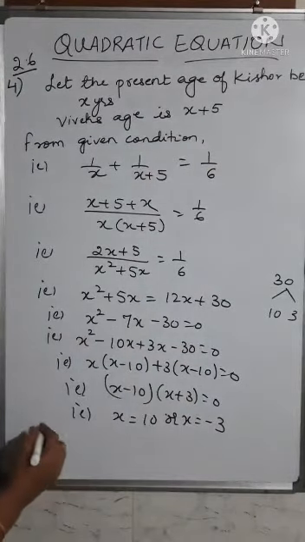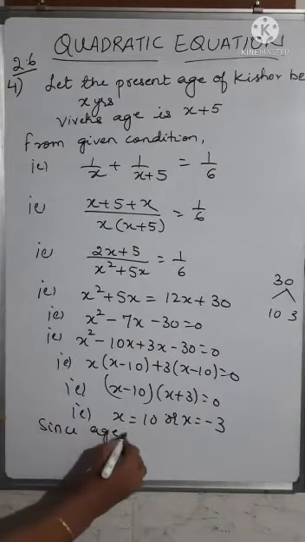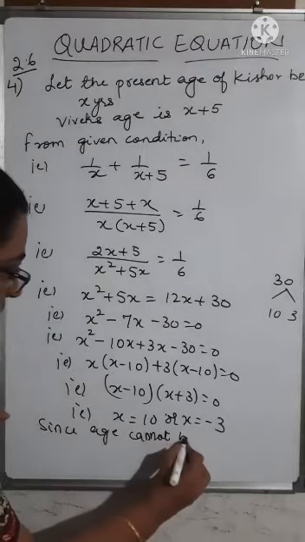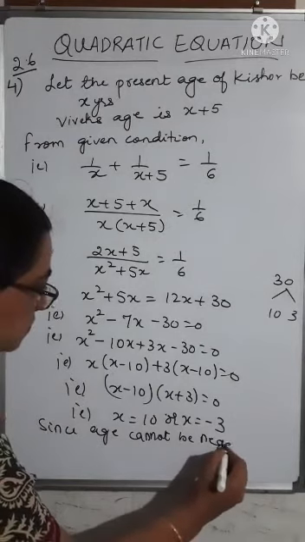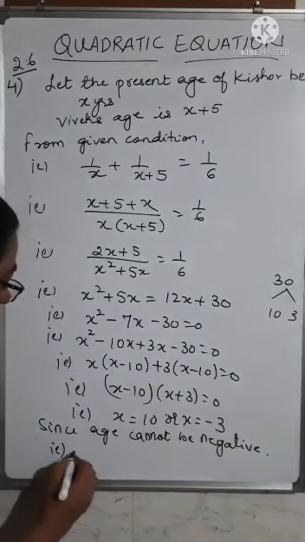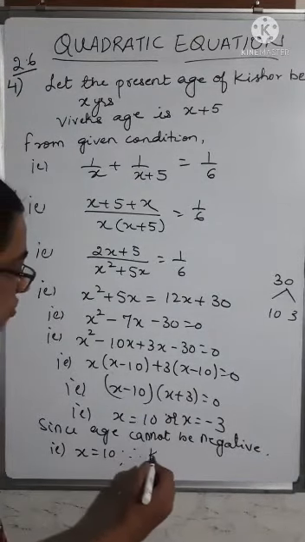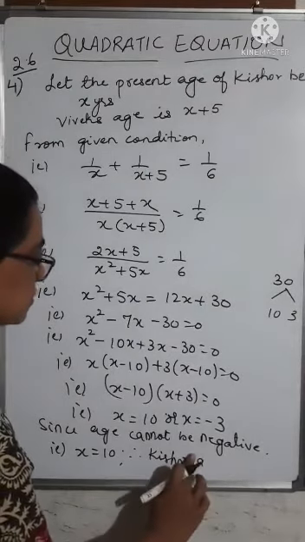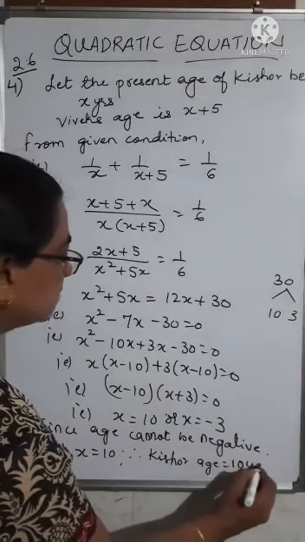So you have to write, since age cannot be negative, x is equal to 10. Then you have to write, therefore Kishore's age is equal to 10 years.